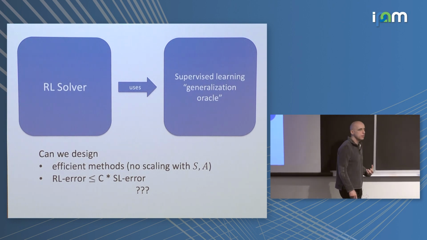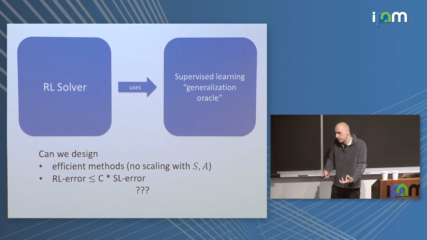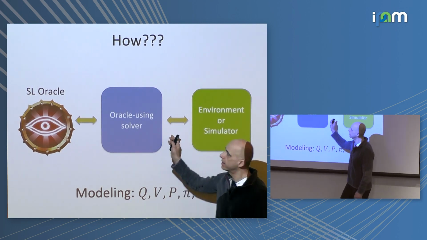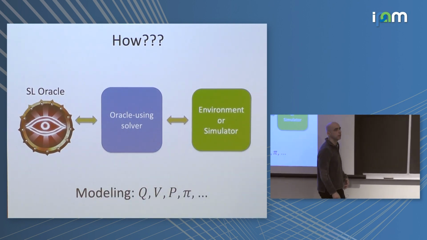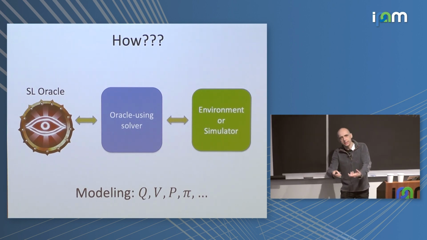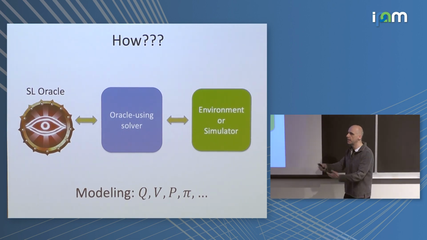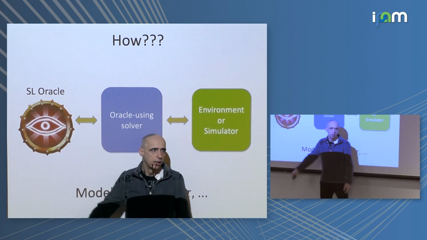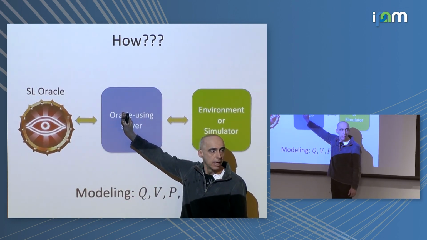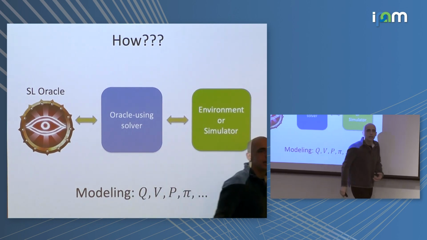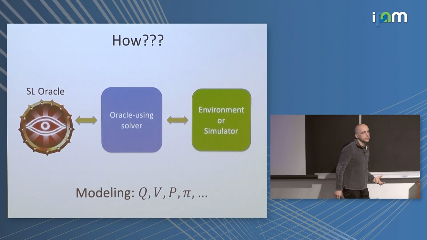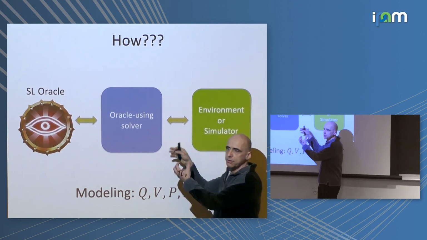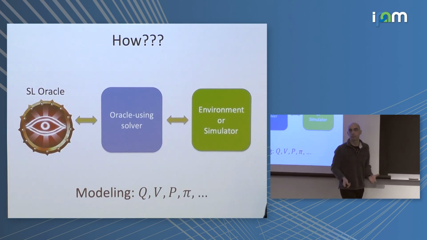The way this works is that the solver interacts with the environment and feeds the supervised learning oracle with some data, which returns a function that generalizes from the seen states to the unseen states. The question is, if you throw in such an oracle, can you design the solver in such a way that if the oracle is lucky and able to approximate the functions it needs to approximate with a small error, then the whole algorithm is going to produce good policies?